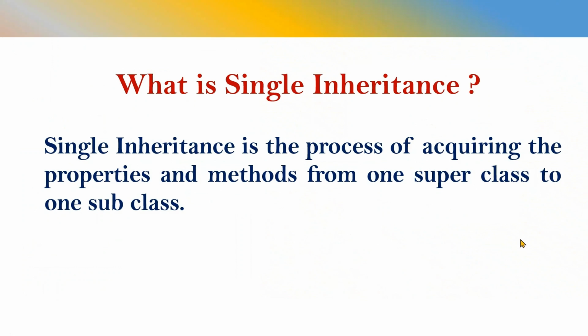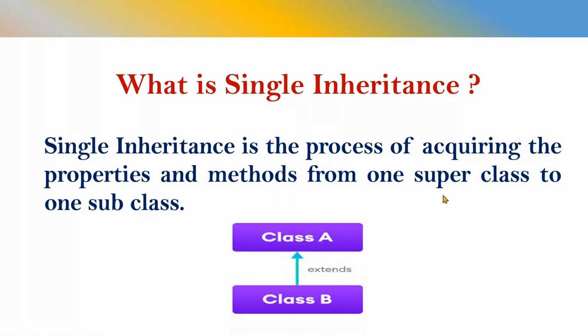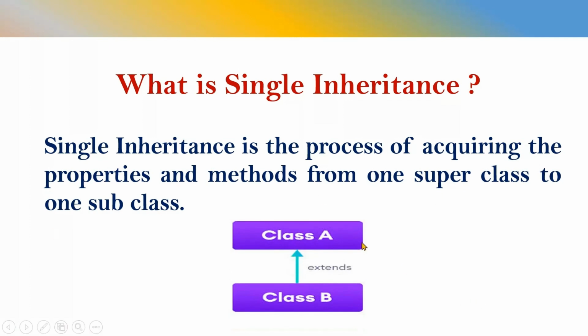In the previous video I showed what inheritance is and what types of inheritance there are. Acquiring the properties from one superclass to only one subclass is called single inheritance. By seeing this diagram you can understand there is a class A which is the superclass, and class B is a subclass.